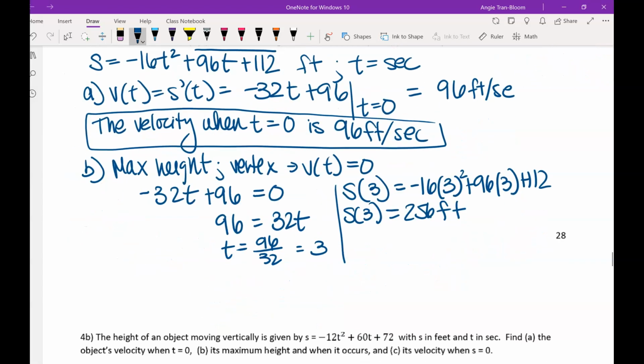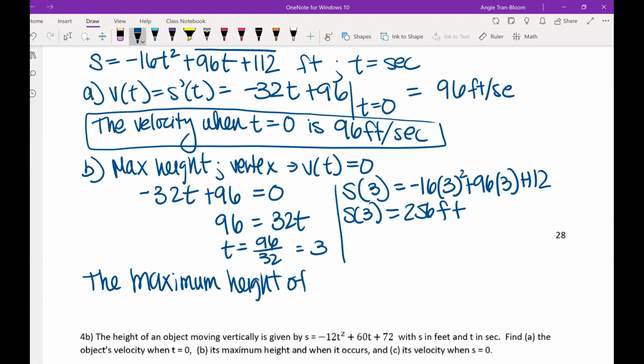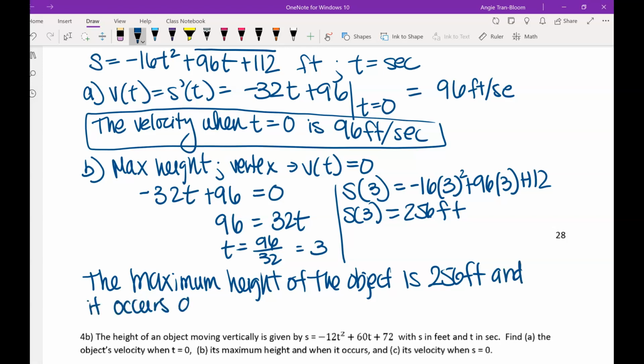So the maximum height of the object is 256 feet and it occurs at 3 seconds.